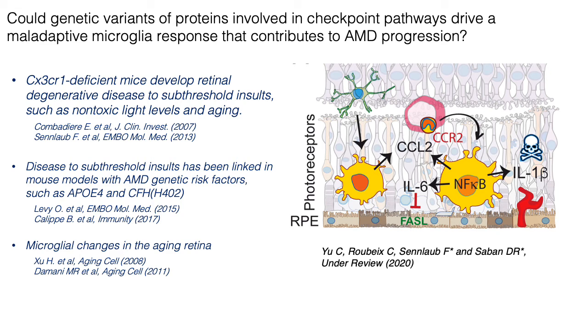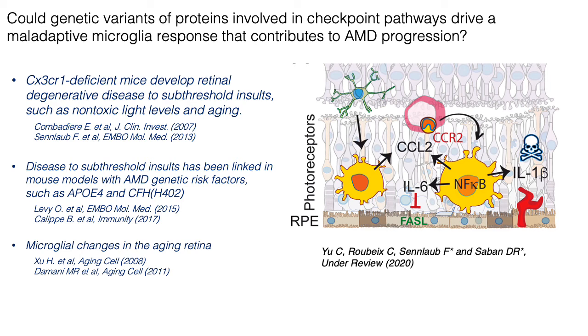And CX3CR1 knockout mice actually develop a level of photoreceptor degeneration. And a similar finding was made or linked to certain genetic risk factors such as ApoE4 and CFH, which of course are highly relevant in AMD.